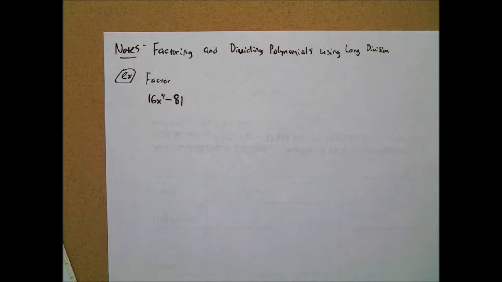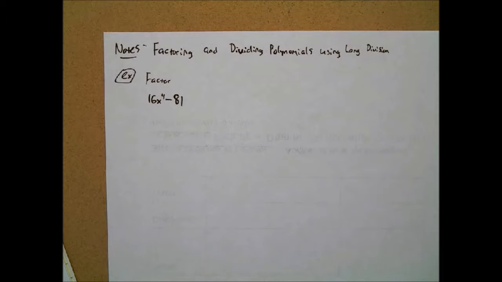And not an 8 either. 16 divides by 8, but 81 does not divide by 8 evenly. So is there anything we can take out? There isn't one. There is not a way to factor this using GCF.